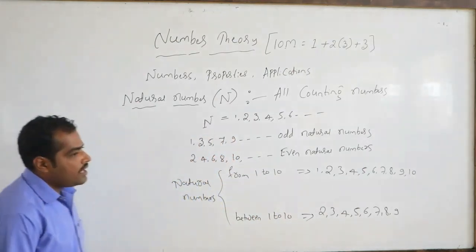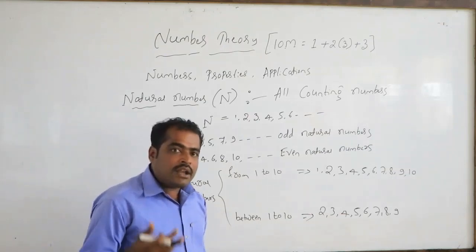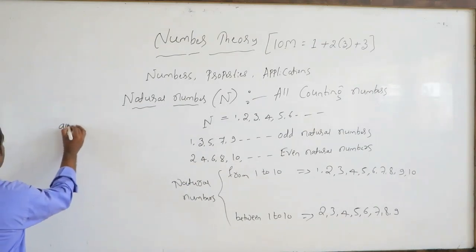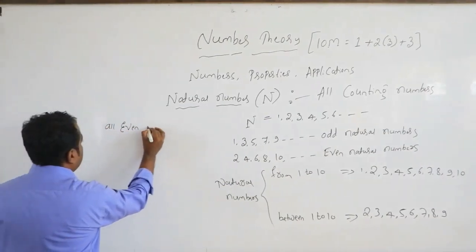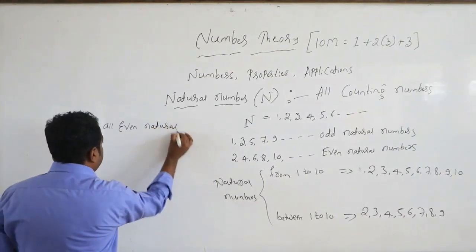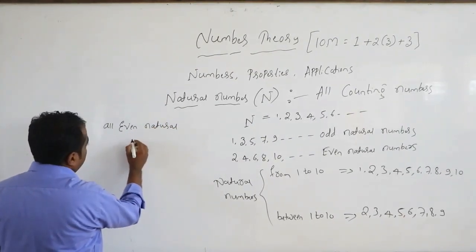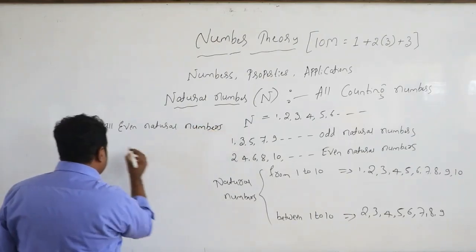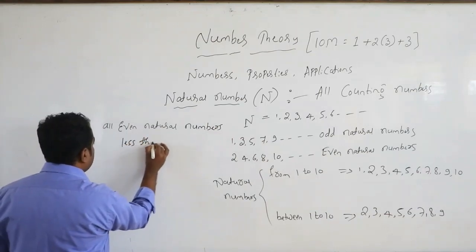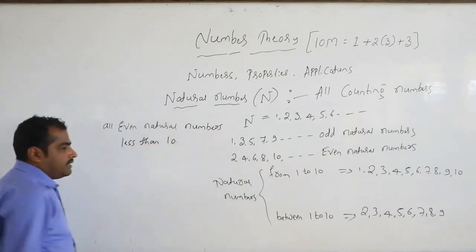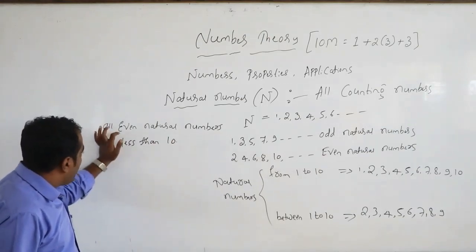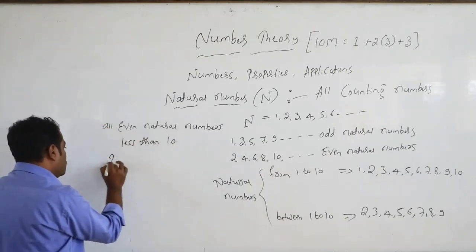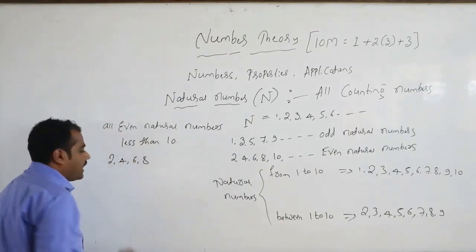Suppose I ask for the collection of all even natural numbers less than 10. All even means 2, 4, 6, 8. Less than 10 means 2, 4, 6 and 8 only.